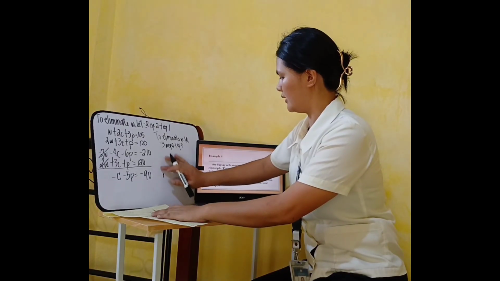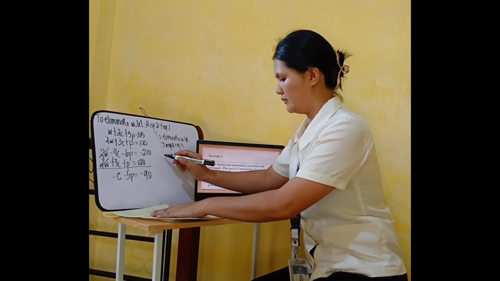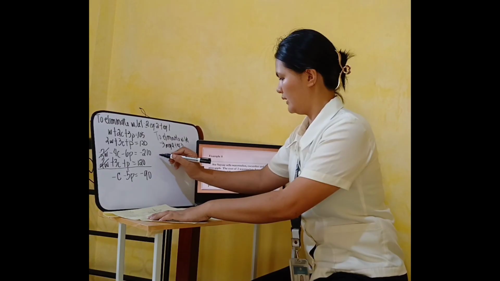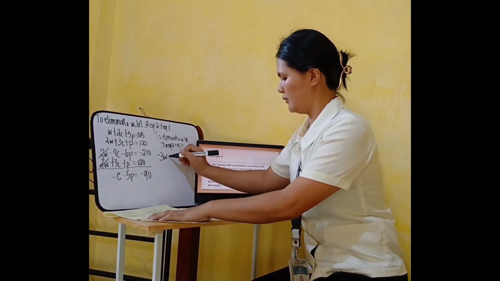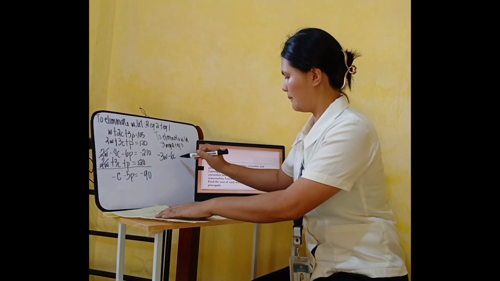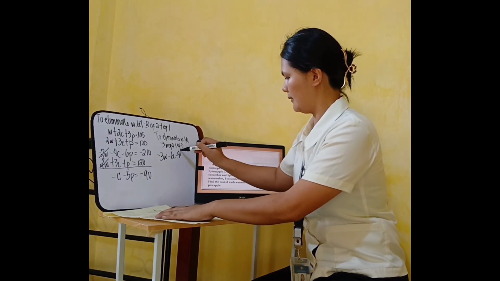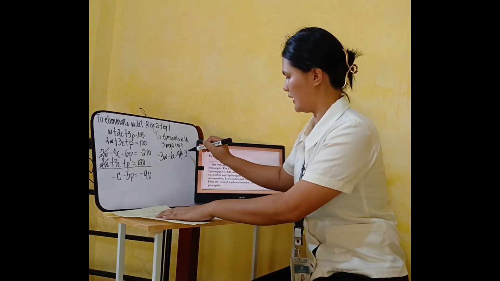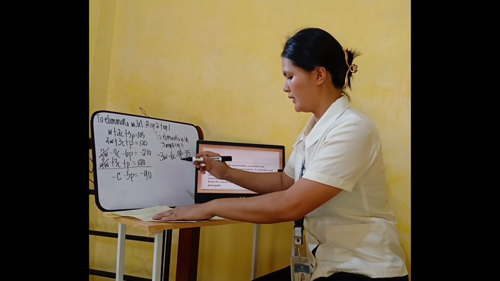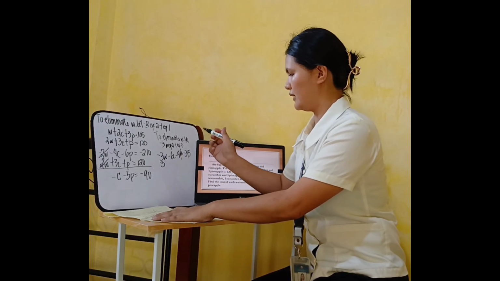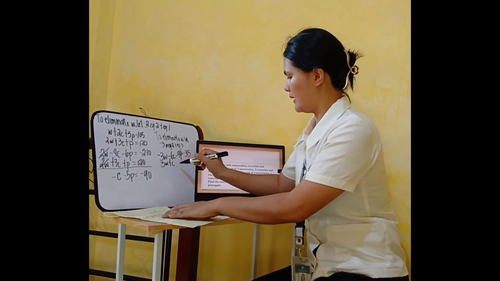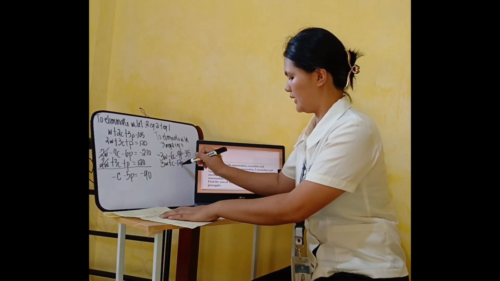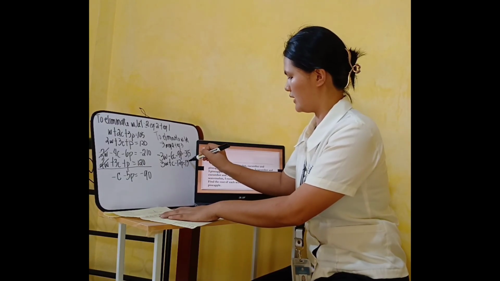We're going to negative 3W minus 6C minus 9P is equal to negative 315, and copy the equation 3, 3W plus C minus 12P is equal to 135.